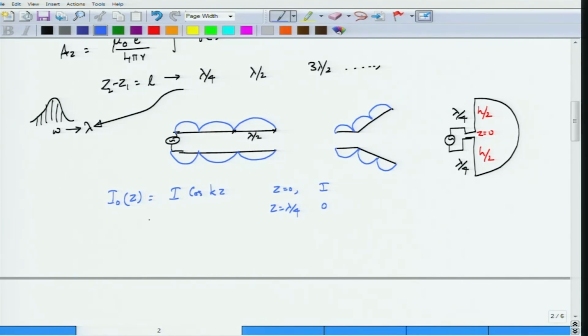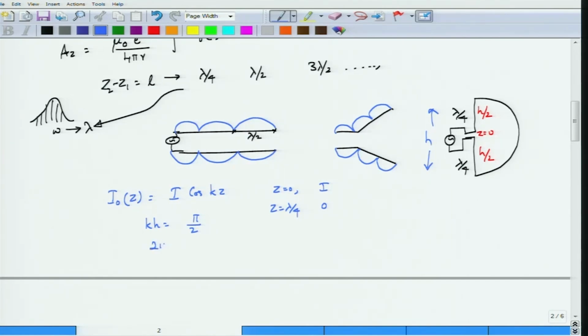In order to ensure that, you need to have k into h, if you consider the total length as h, because there was h by 2 there and h by 2. So, k into h must be equal to an integral multiple. When does the cos function go to 0? It goes to 0 at m pi by 2. So, for m equal to 1, the fundamental, you are looking at pi by 2, cos of pi by 2 is 0.